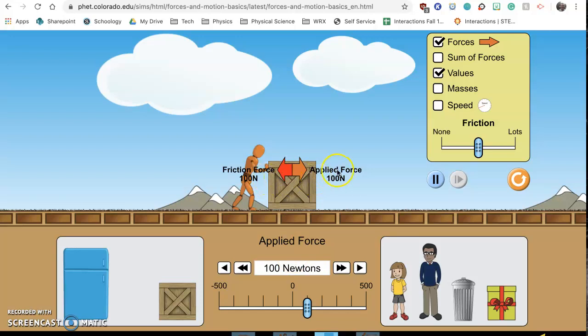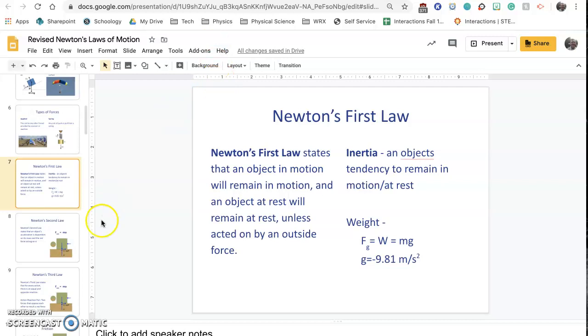I have my applied force to the right, my frictional force to the left. Until I increase my force to a certain amount to overcome that friction force, that would be considered an action-reaction pair. Again, these forces are balancing each other out. The box is not moving. There's zero acceleration. My forces are balanced. F net would equal 0.